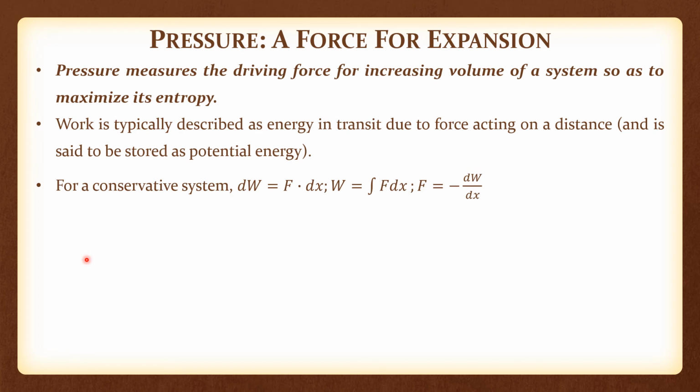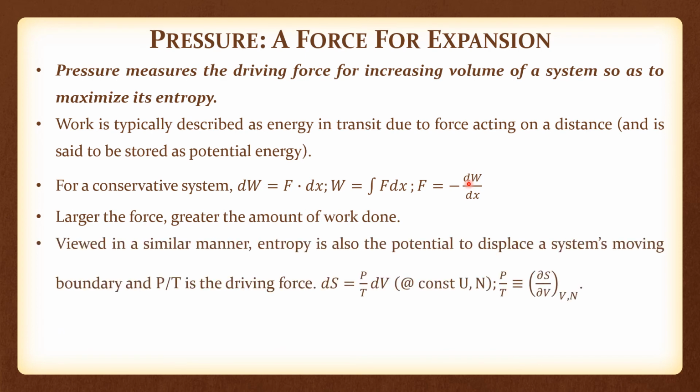So for a conservative system, this is the change in the stored potential energy because of the force acting over a distance, and the total work done is simply the integral of F dx, and F is simply the gradient of the potential. The larger the force, the greater the amount of work done.